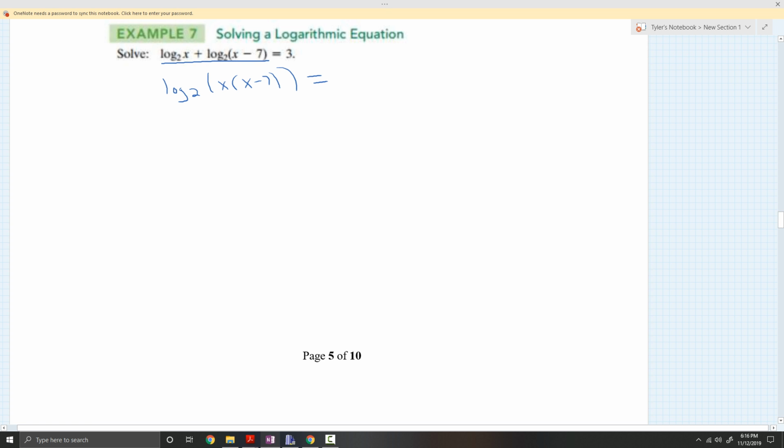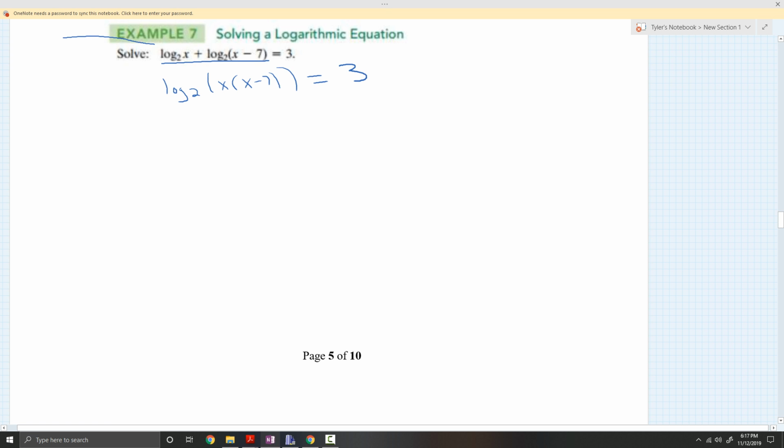equals 3. Right, so then, something quick to denote would be the domain of each of these.